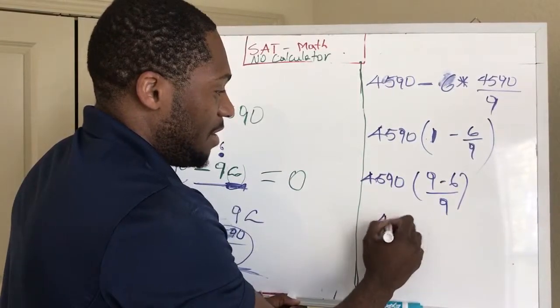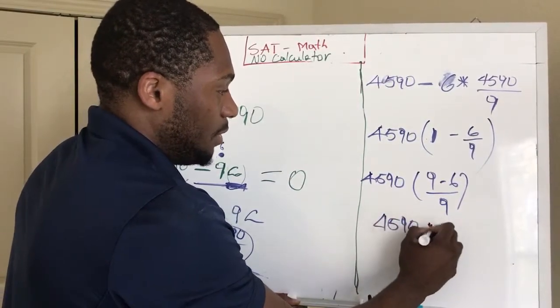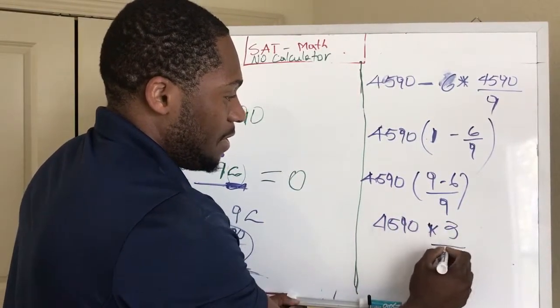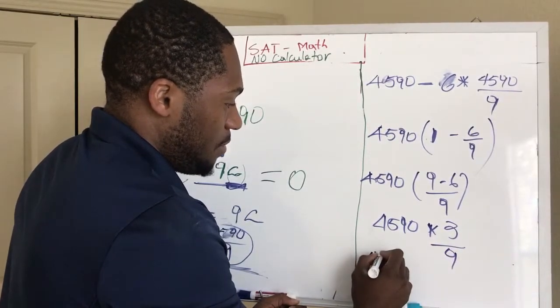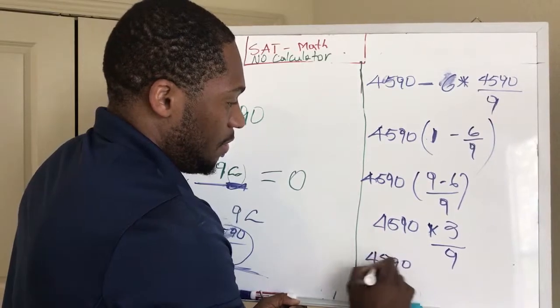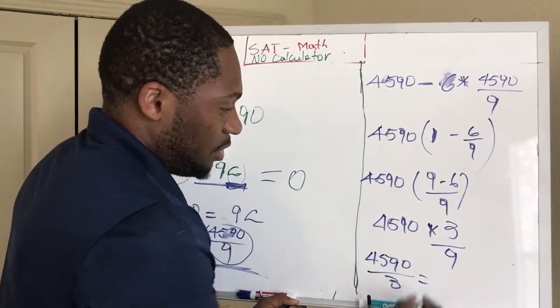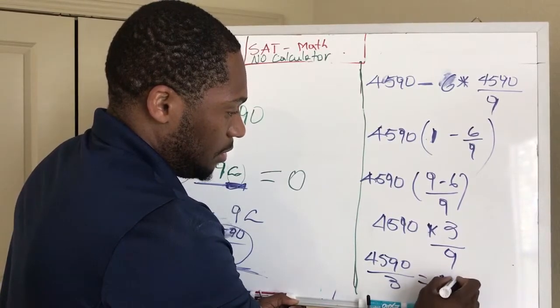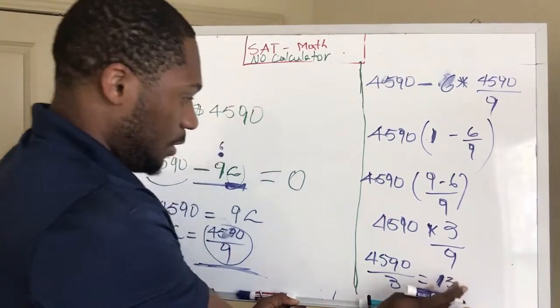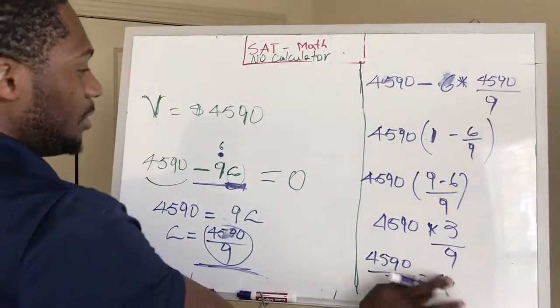So 4,590 multiplied by 3 over 9, which is 4,590 divided by 3, which should be about 1350 something. Okay, so let's do this division.